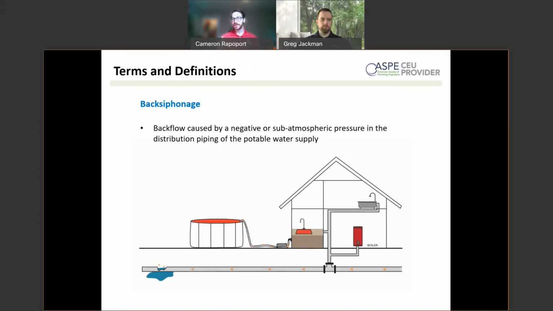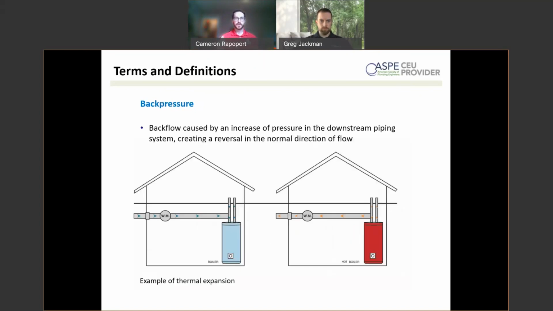Typically, there's something like a water main break or firefighting activity, something where you're drawing a negative pressure on the distribution system that's going to want to siphon things out. There is always the potential for back siphonage because you can always have a water main break.